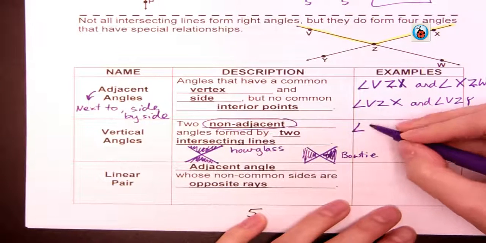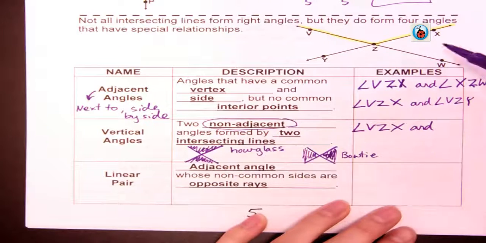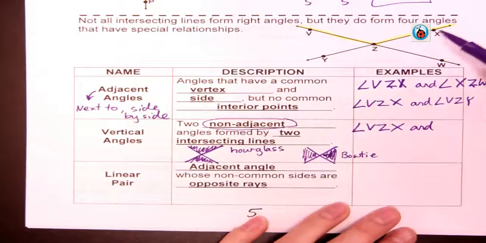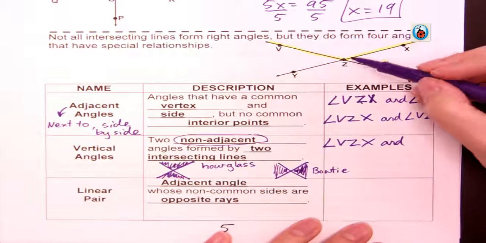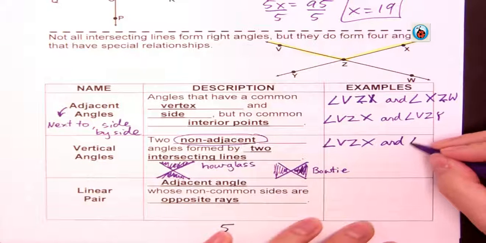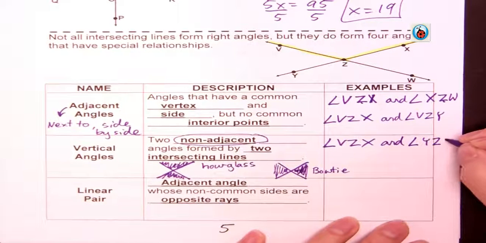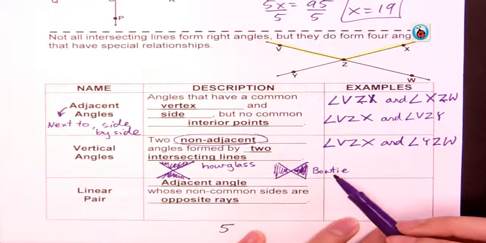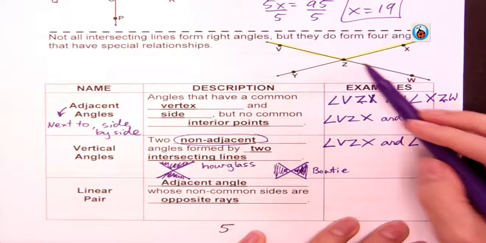And so if we start with the same VZX, can you see which one is opposite to it? And hopefully you recognize that opposite to it is angle YZW. And so because they share no sides, I have to pick the complete opposite one.